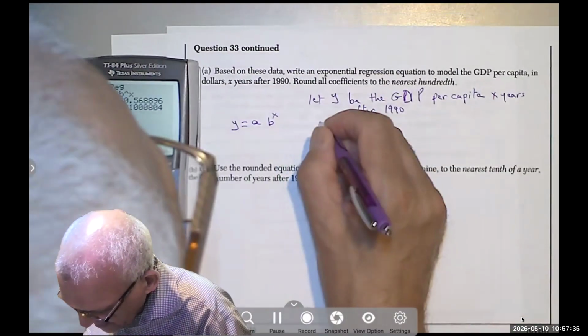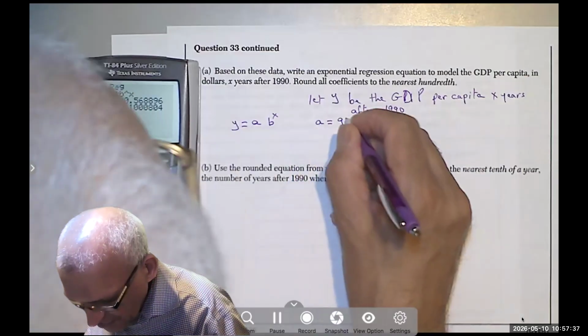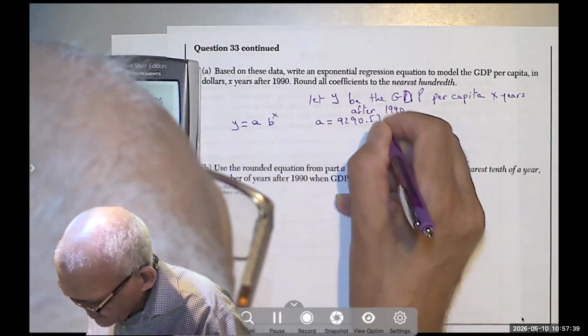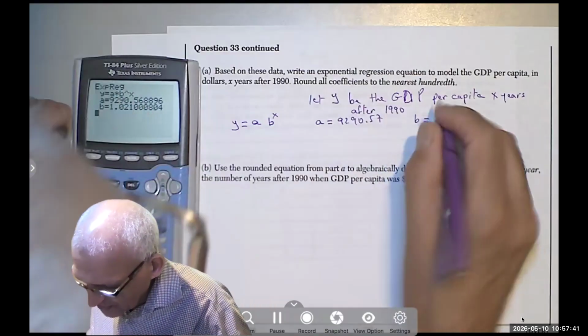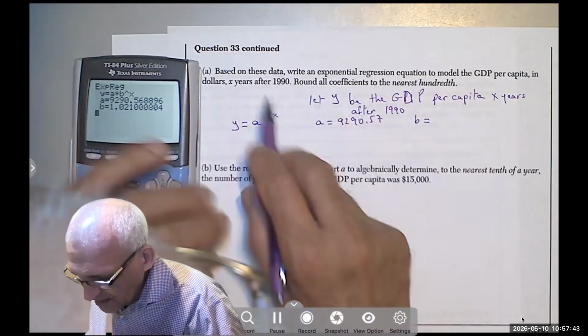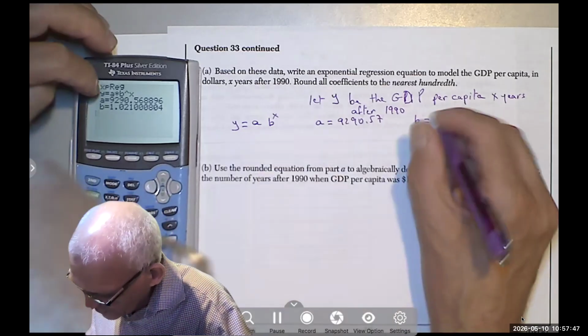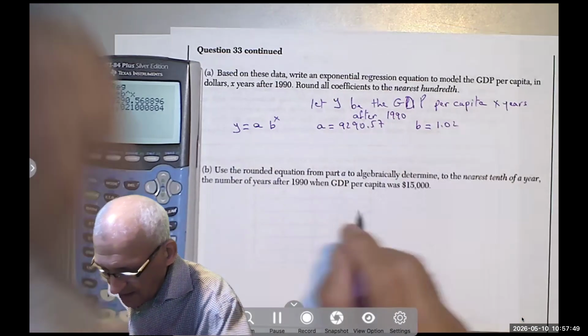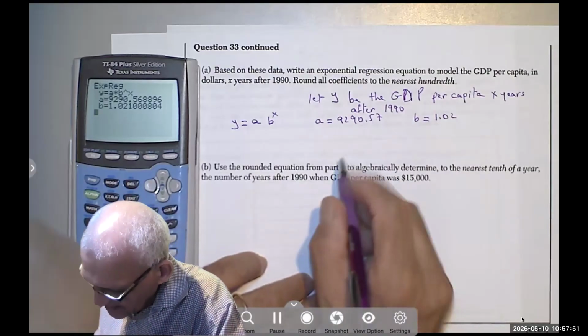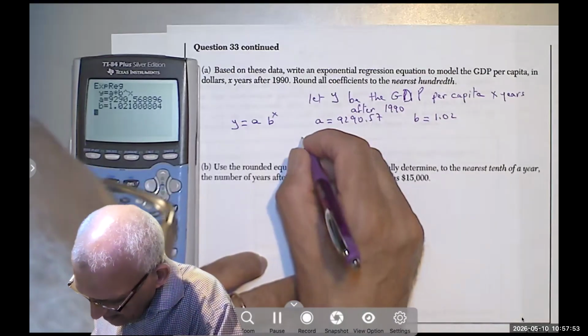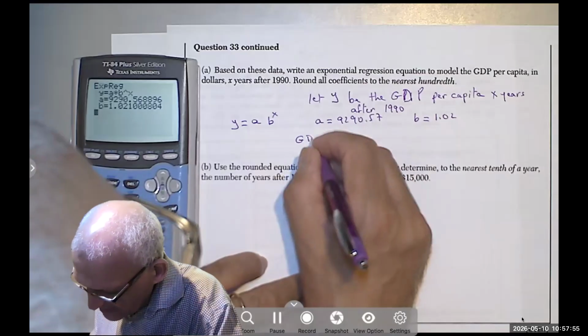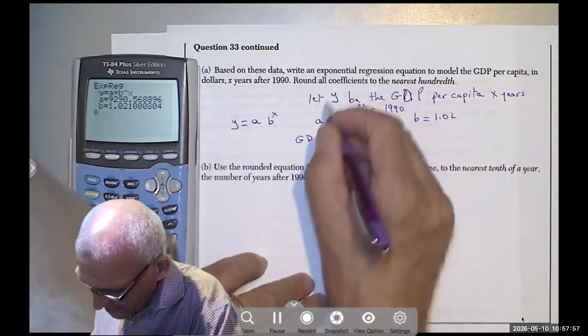Okay, so we say A equals 9290.57 and B equals, so that's what they want. No, they want the whole equation like this. So first we enter these to the nearest hundredth, and then we say either Y or GDP, since we already defined the Y here.